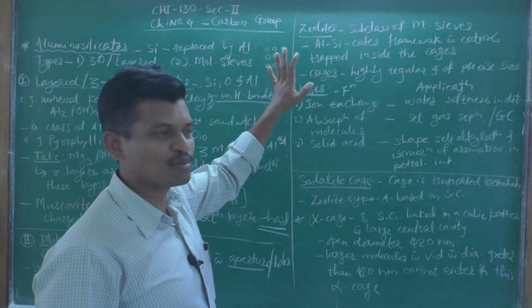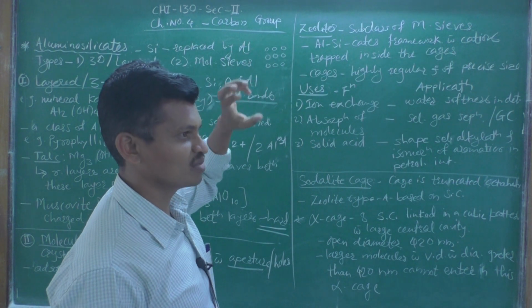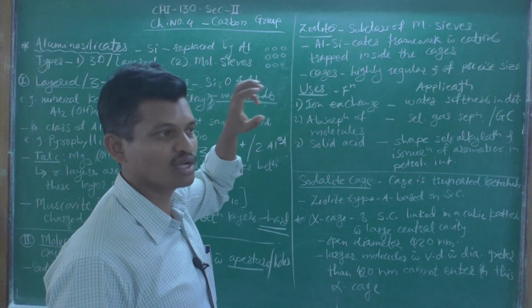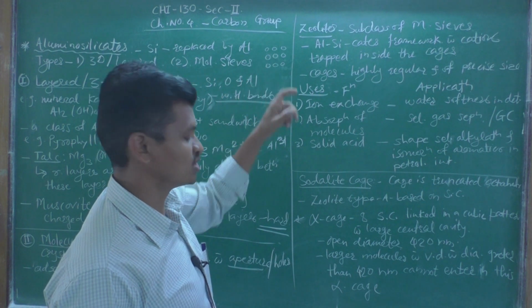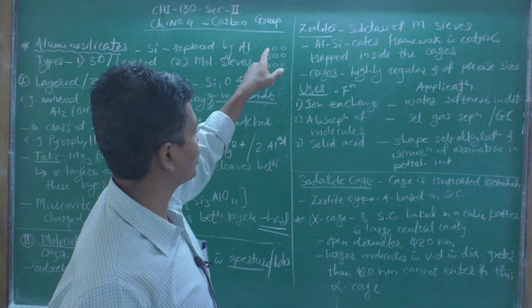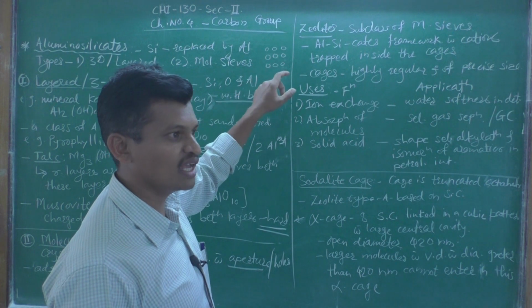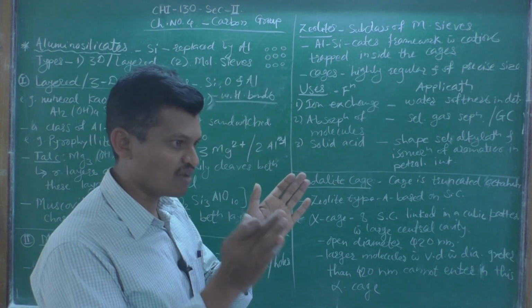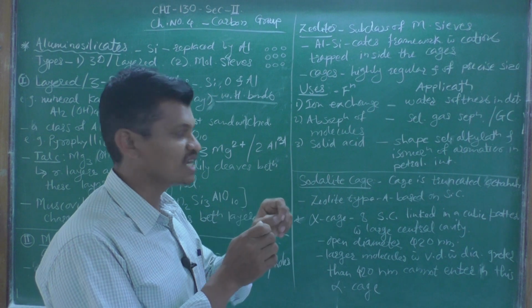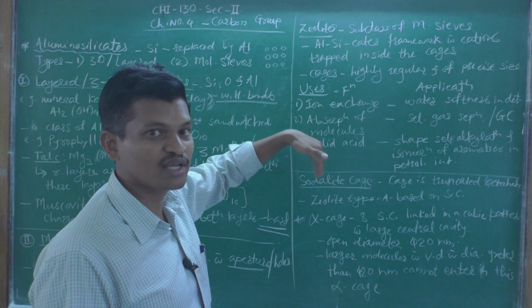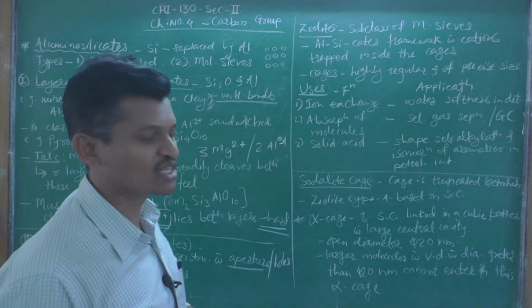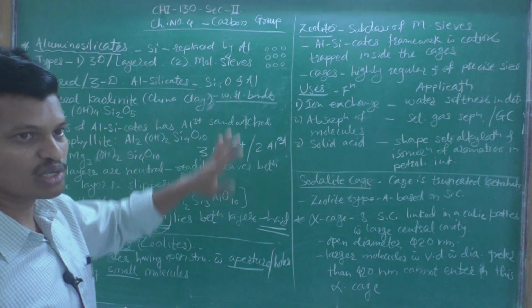Let us say, as an example, I am focusing only on the concept: if the holes or apertures present in the molecular sieves are of these dimensions, then only those molecules which have smaller size than these holes or apertures can pass through. So only these molecules can be adsorbed on these molecular sieves.